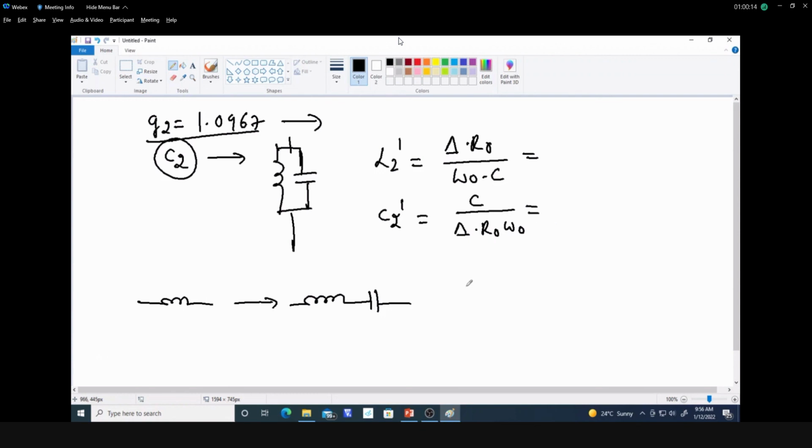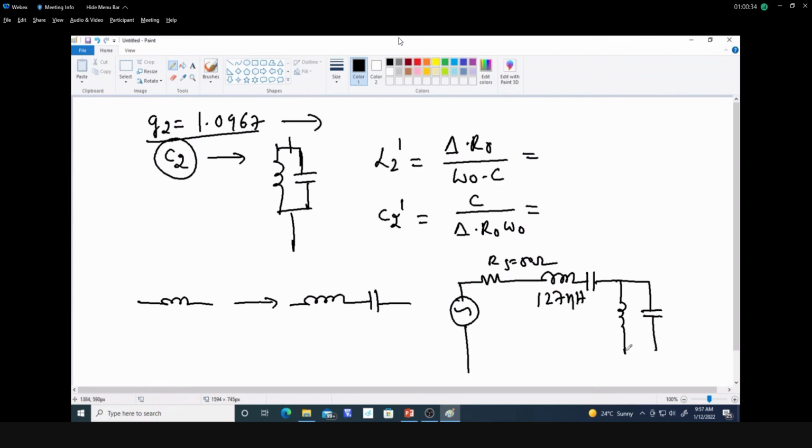Now finally we arrive at the filter design like this. RS equal to 50 ohm. Then we have the series LC, which we found as 127, and then you have to find out the C value. Similarly we have here L and C, the parallel tank circuit, which is L2 dash and C2 dash.